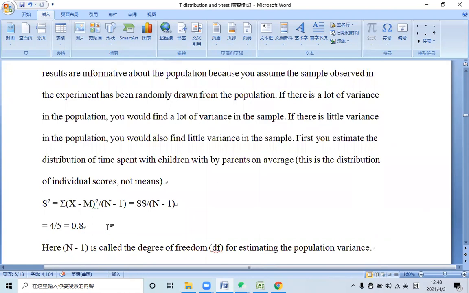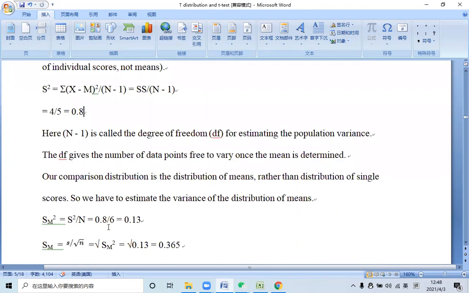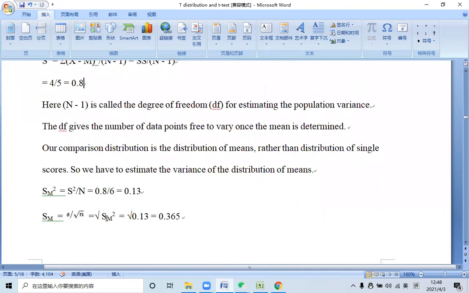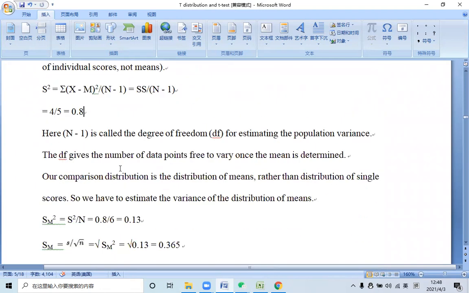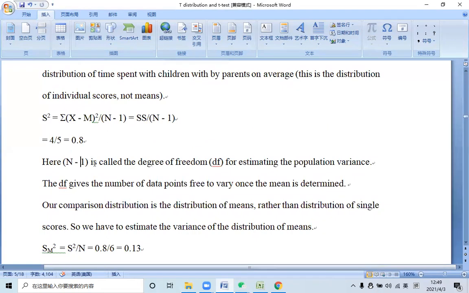How do we do that? We can calculate the variance. And here, one more concept is the degrees of freedom. Degrees of freedom is n-1. n-1 is the degrees of freedom. And the critical value on the t distribution is determined by the degrees of freedom.